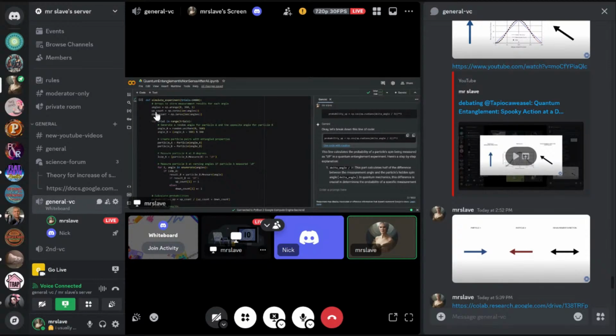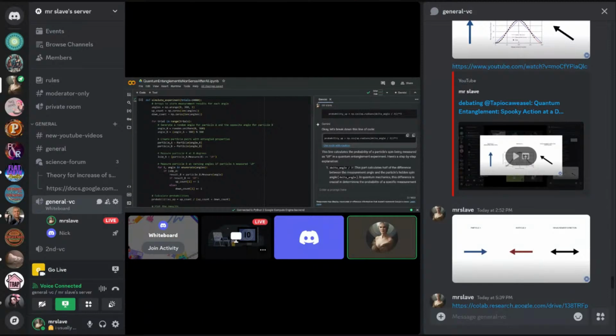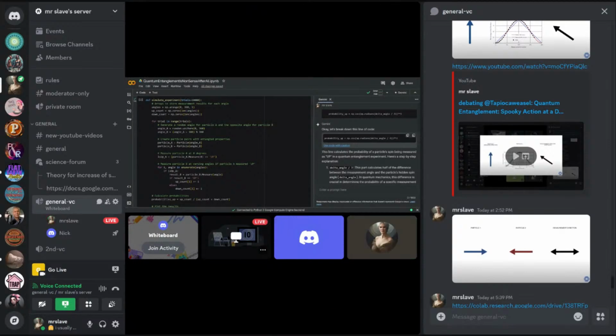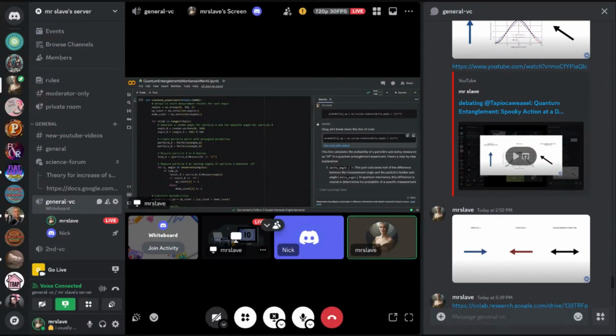So it's setting up an array of up count and down count. These are the ups and these are the downs. I don't know what it's going to use them for. Okay. For trial in range of trials. What is trials? Trials is 10,000. So it's going to go through a loop of 10,000.